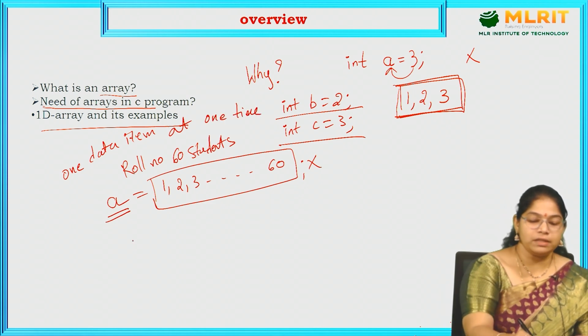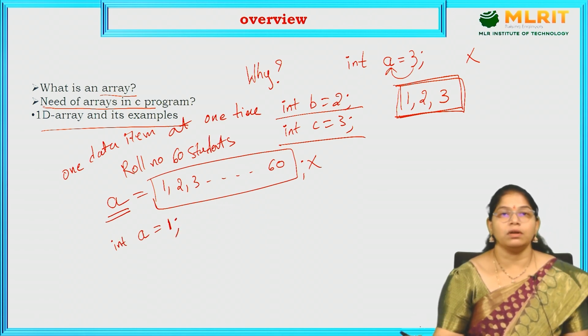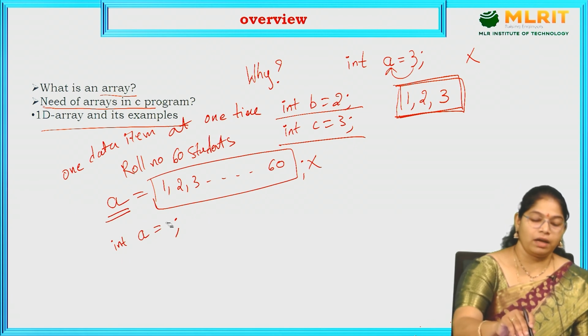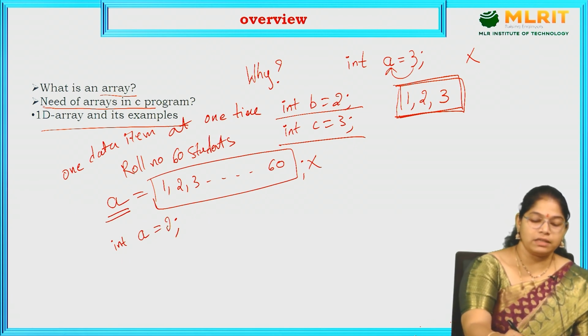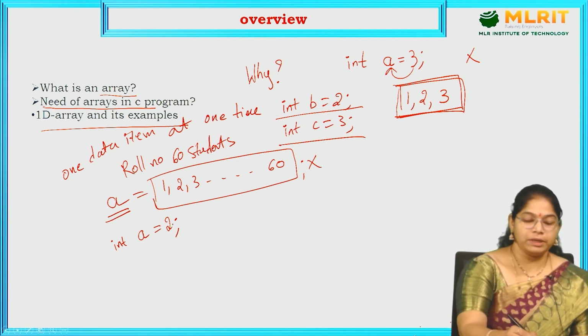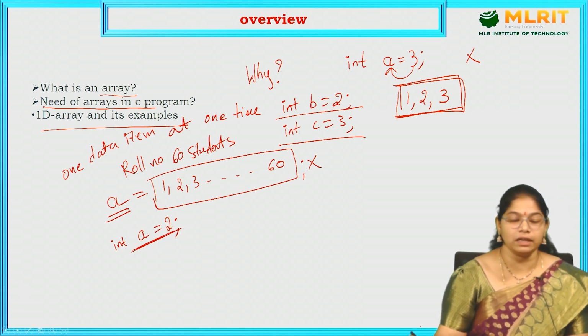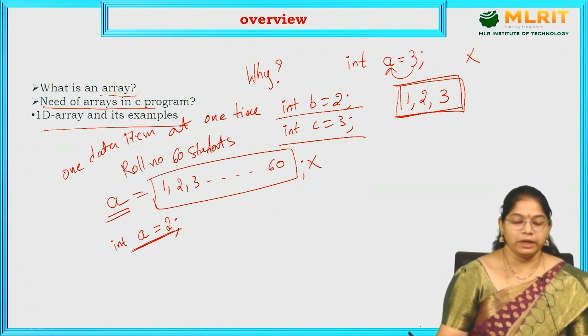Like if I assign a with a roll number 1, a equal to 1, integer type. If I want to store the roll number of a second student, then I have to reinitialize this with 2.